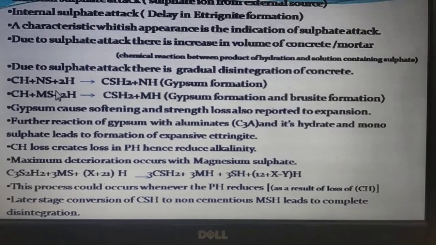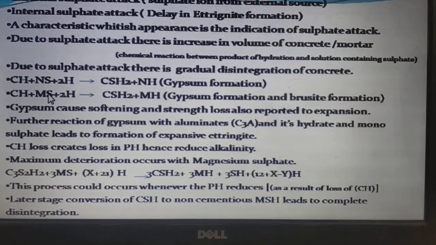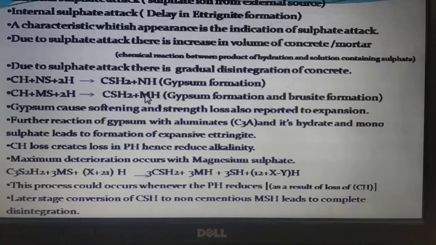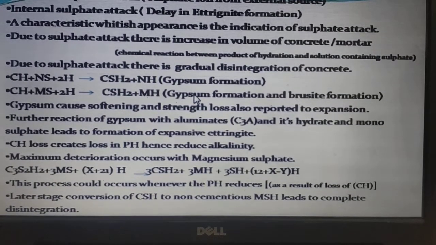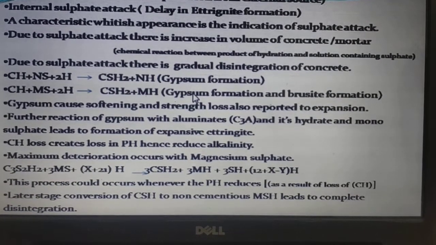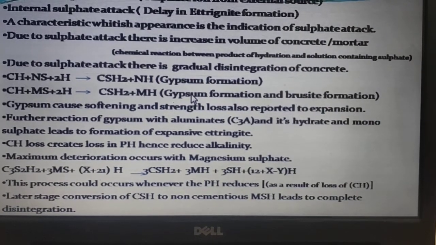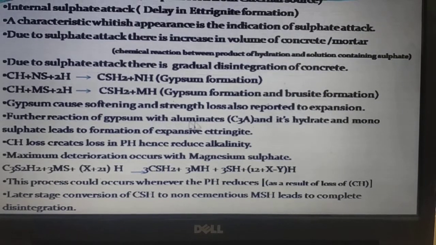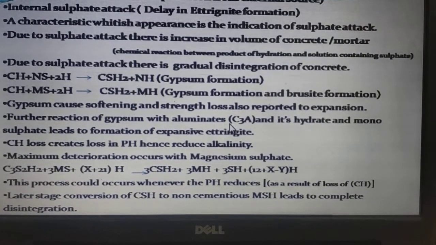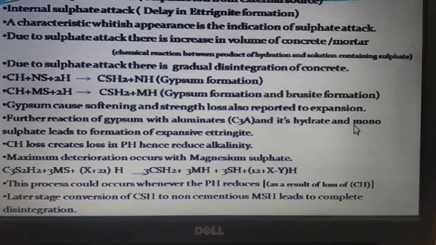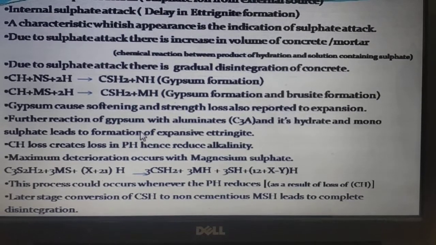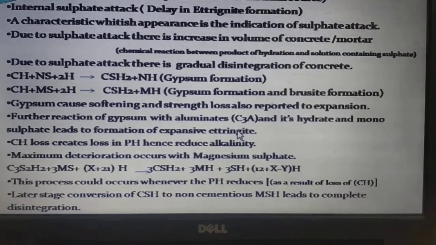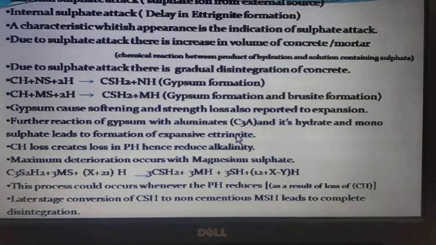Another case: if magnesium sulphate is there, it will form magnesium hydrates, and also cause gypsum formation and brucite formation. Further reaction of gypsum with aluminates and its hydrate and monosulfate leads to formation of expansive ettringite. This further reaction of gypsum with aluminates is very dangerous.